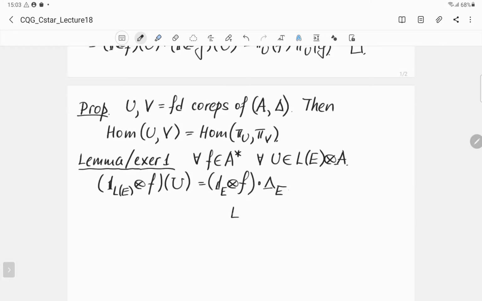Delta E acts from E to E tensor A. And after we apply one tensor f and compose them, we get a map from E to itself. So both sides of this formula are linear operators on E, and we claim that they are equal to each other.